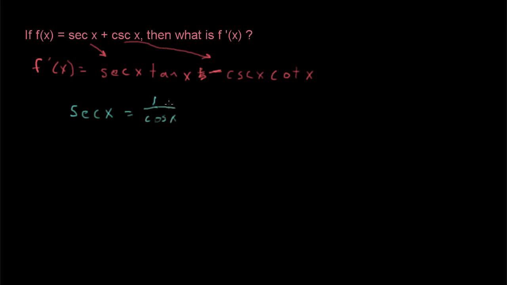Let's write down some basic trig identities that we know. Secant x is equal to 1 over cosine x, and the cosecant of x is equal to 1 over sine x. And then another basic function is the tangent of x. It might be helpful to write that one down. That's sine x over cosine x.